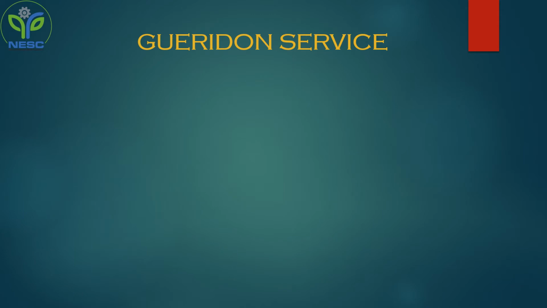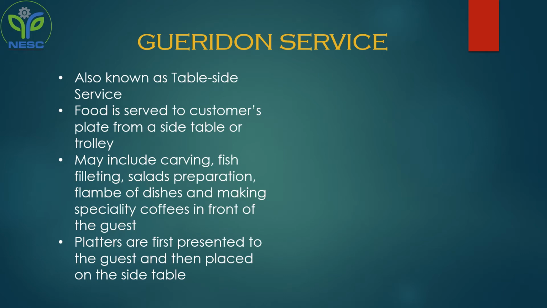Carried-on service. Carried-on service, also known as trolley service or tableside service, is a service style where food is cooked, finished, or presented to the guests at the table from a movable trolley. Here, movable trolley means it can be moved around in the restaurant, right?